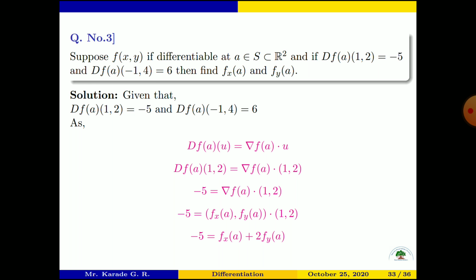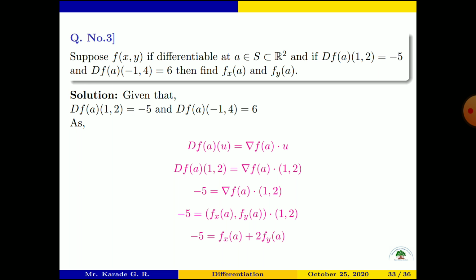So again we write the derivative of f at point A along the vector 1 comma 2 is equal to gradient of f at point A dot product with 1 comma 2. The left hand side is given to be minus 5, and it is equal to gradient of f at point A dot product with 1 comma 2.